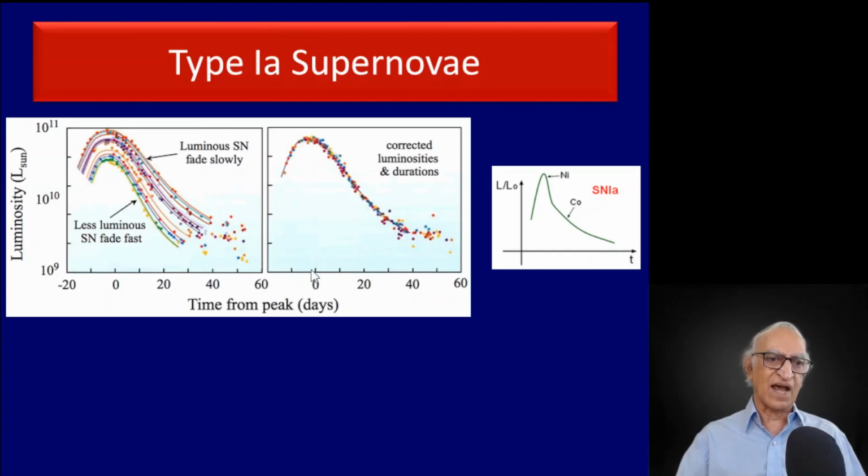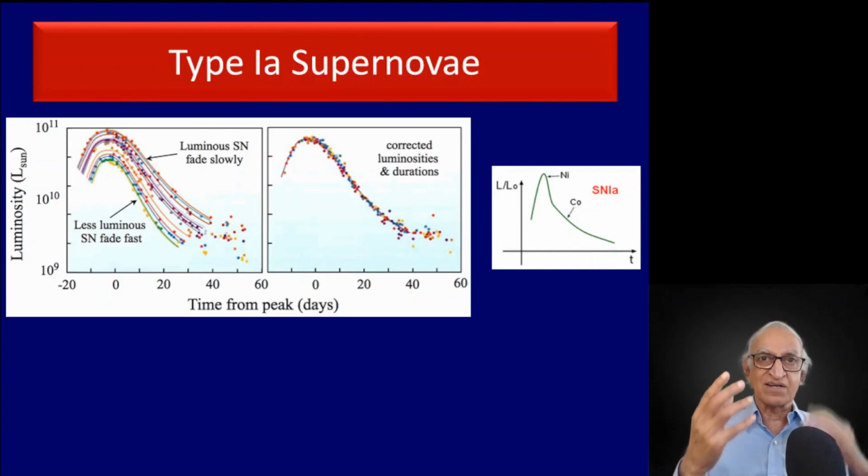In other words, at the maximum, the luminosity of a type 1a supernova seems to be the same. Whereas at the maximum, the luminosity of type 2 supernovae or type 1b supernovae can vary quite significantly.